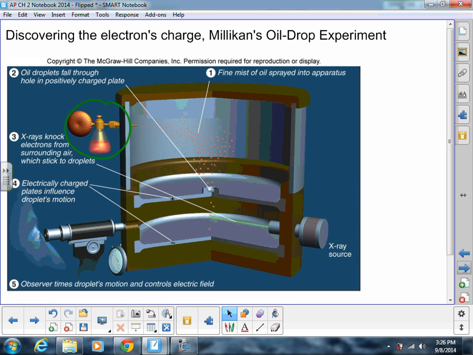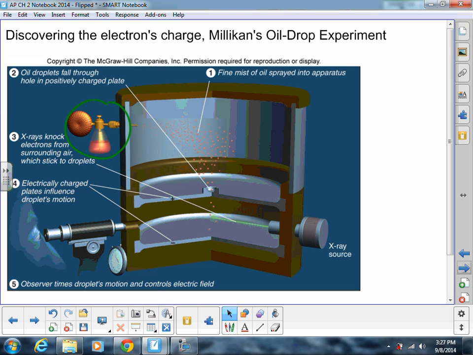So with these oil droplets gaining electrons, they're going to have negative charges. And with an electrically charged plate, and that plate being positively charged, there's going to be an interaction. It's going to change the motion of that particle as it's falling. Okay, positively charged plate, negatively charged particle, they're going to interact.